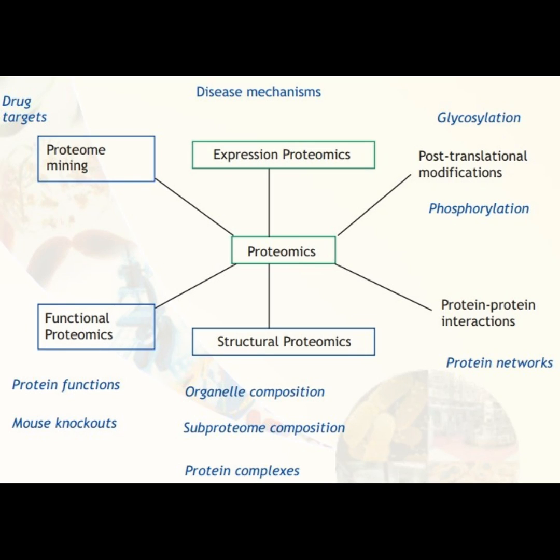The third very important aspect of proteomics is protein-protein interaction. When we study the nature of proteins and their functions through proteomics, it is important to know about the interaction of proteins.